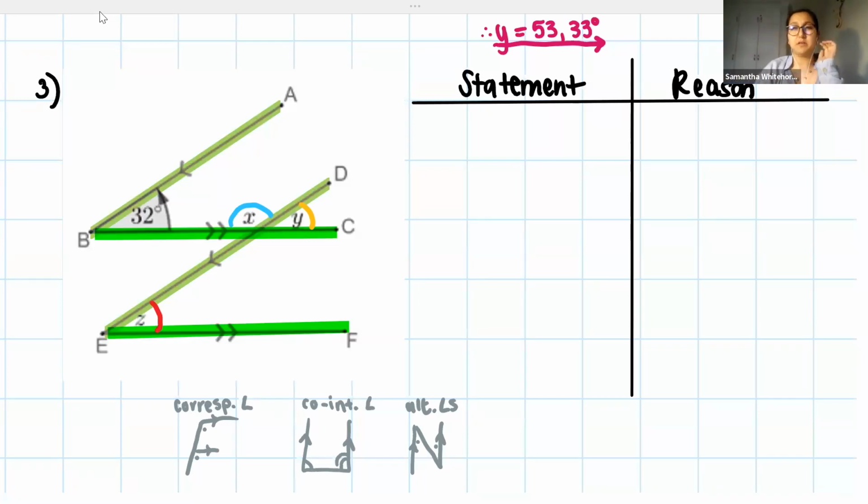Please just remember your reasons. So Kamva, the hint was X is not 32 degrees.